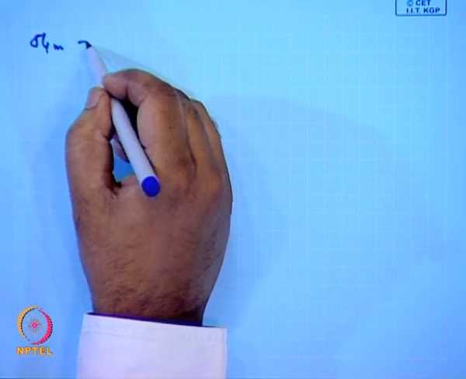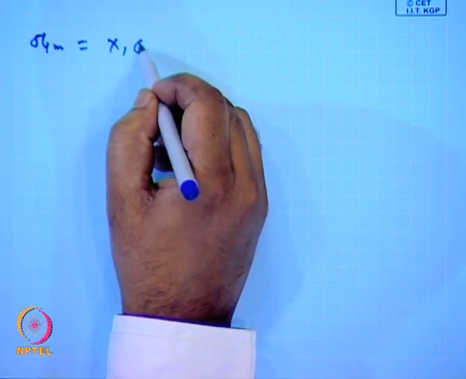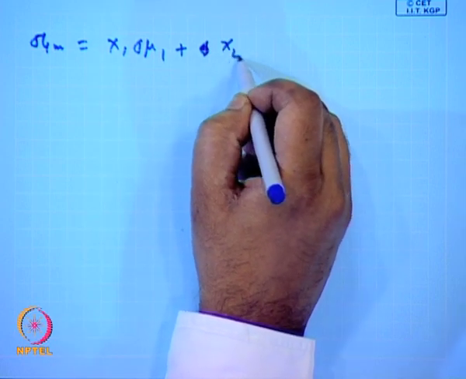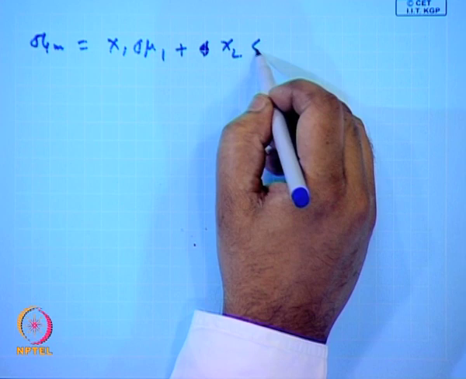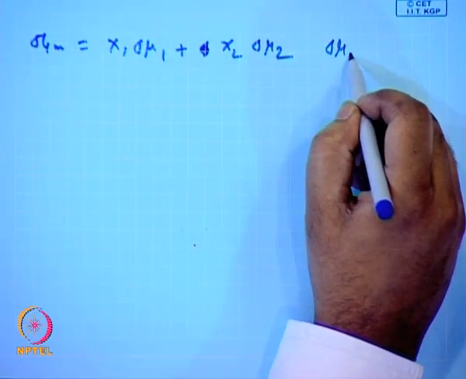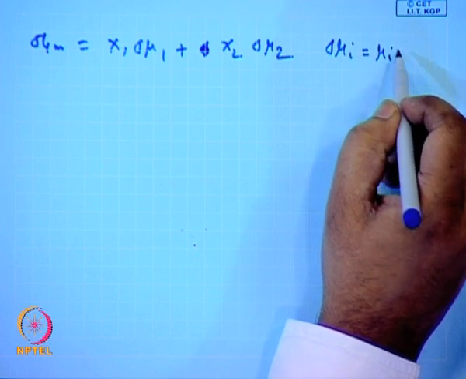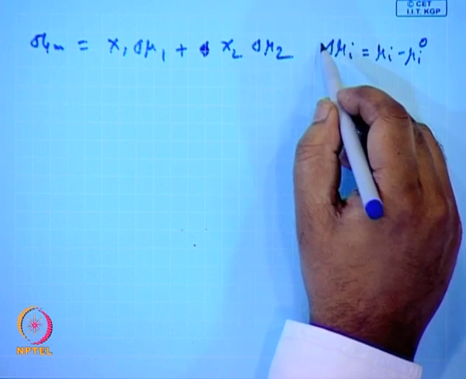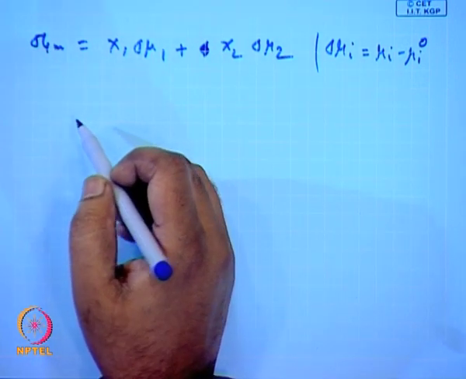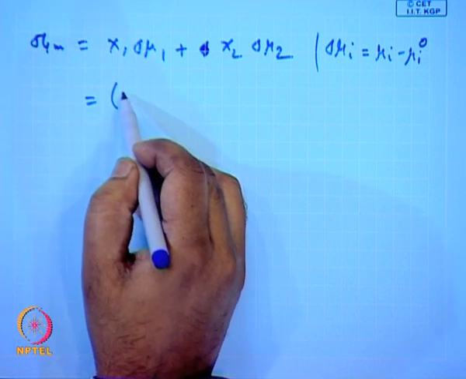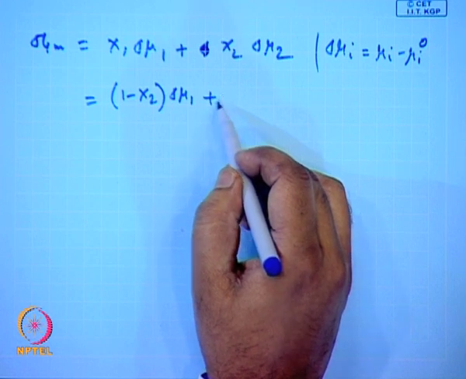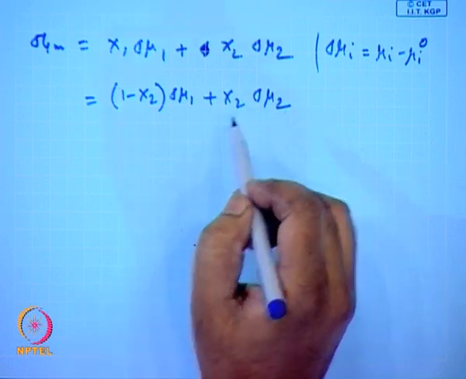Now, delta G mix, I can write as x 1 delta mu 1 plus x 2 delta mu 2, where x 1 and x 2 are the mole fractions, and delta mu y is mu y minus mu y 0. It can be written this way because G is an extensive quantity.